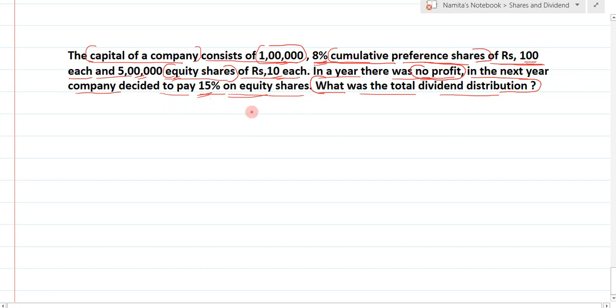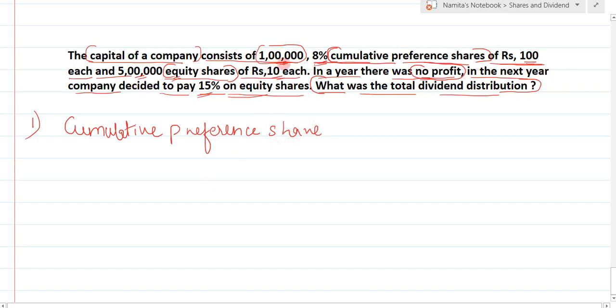First of all, we need to find how much dividend the company paid on cumulative preference shares. First, write cumulative preference share.